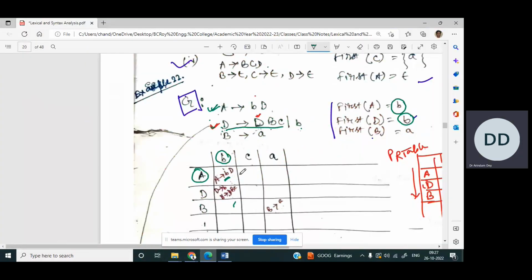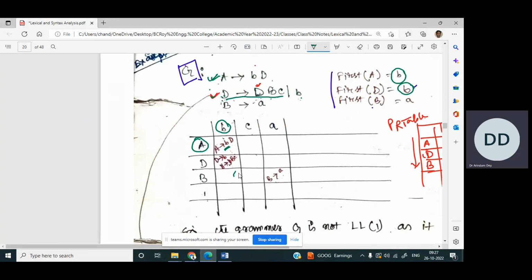Now we look here. First of D is generating d, and this can be achieved either by the first part of the production or by the second part of the production. So that's why for both productions we have written D to d and D to DBC.